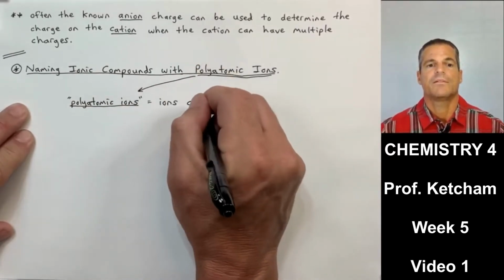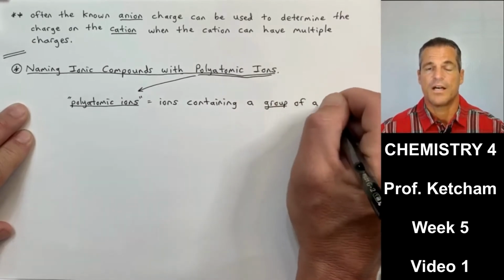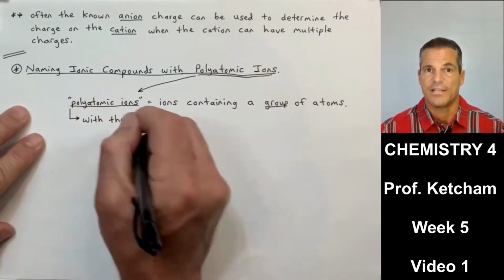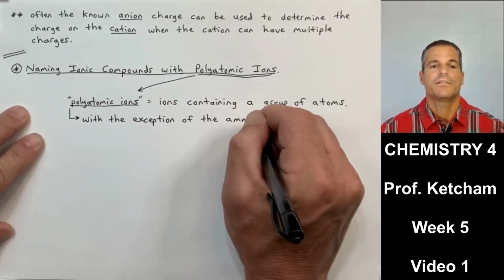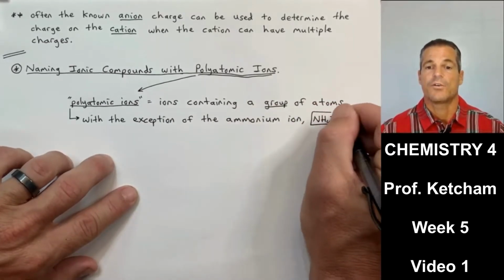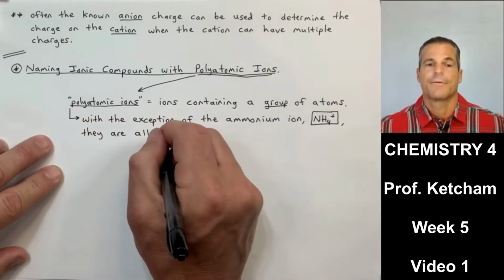Now we're going to talk about naming ionic compounds with polyatomic ions. For the most part, these are polyatomic anions, except for one, and we'll get to this. So polyatomic ions are ions containing a group of atoms, kind of like a chunk that we keep together.